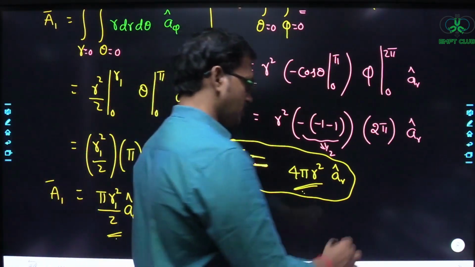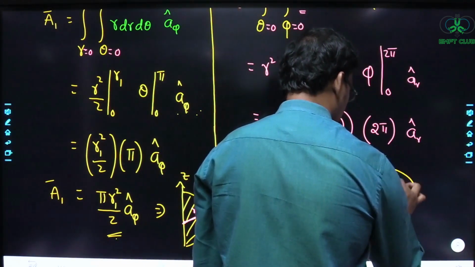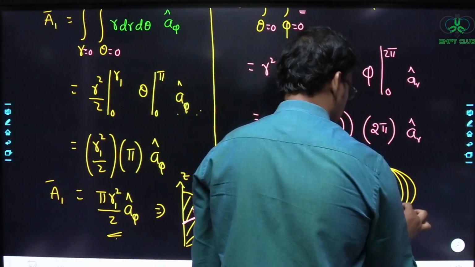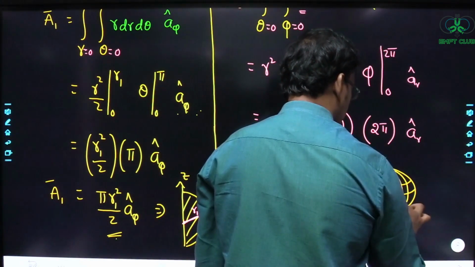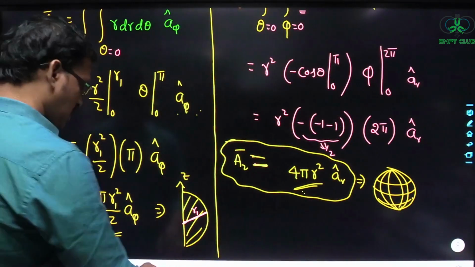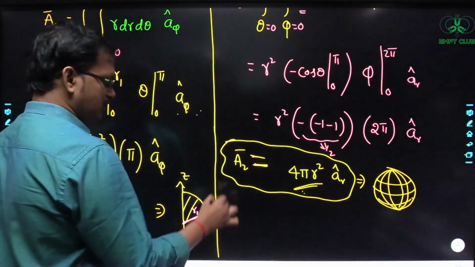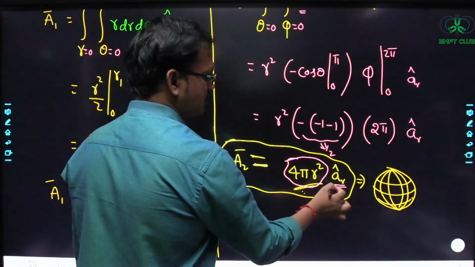Yes or no? So here we are getting the surface area of a sphere, right? And what is the direction of the sphere here? The direction of the surface of the sphere is nothing but AR cap.